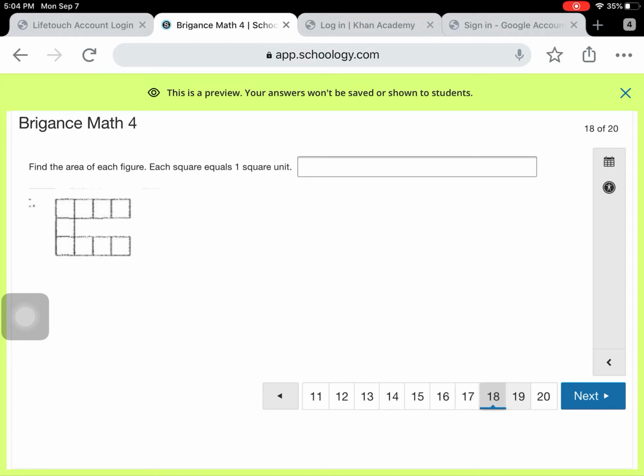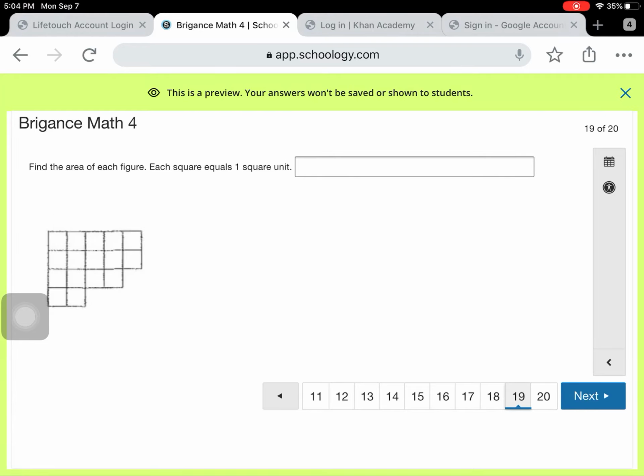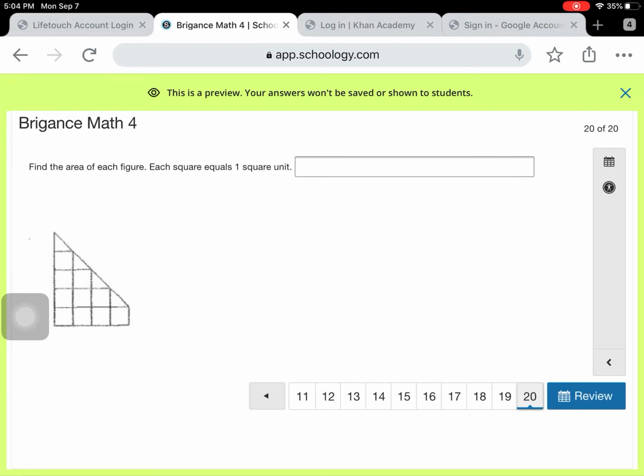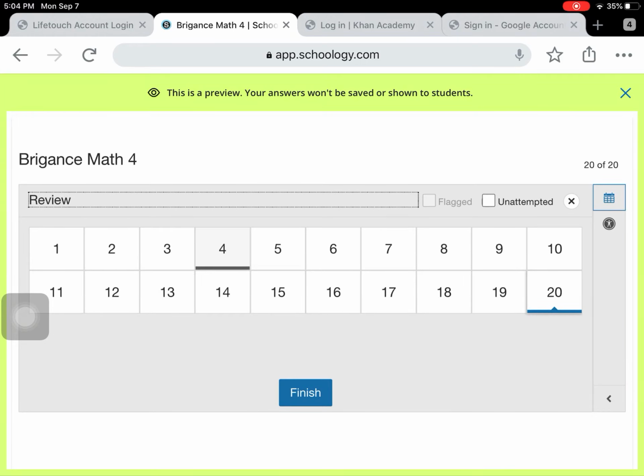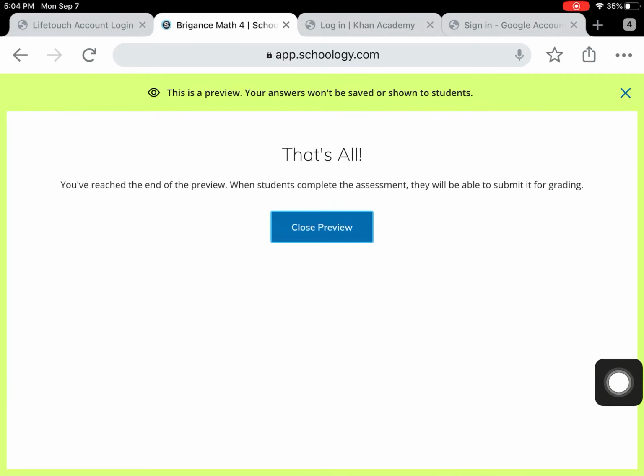Then the next set of directions is looking to tell what is the area of the figure given, and it's telling you that each square is equal to 1 square unit. So you'll have some problems that are similar, just different shapes. And then you will review your answers. Notice that here it's letting you notice if there's anything not answered. And then again, you have to click this finish, otherwise I won't see your score.